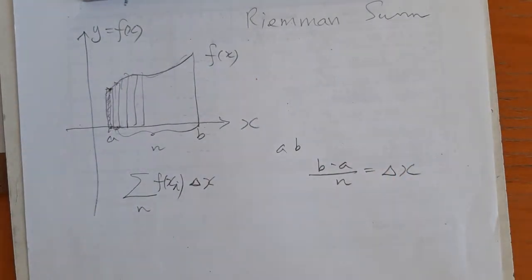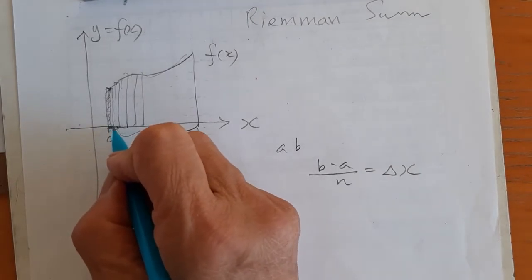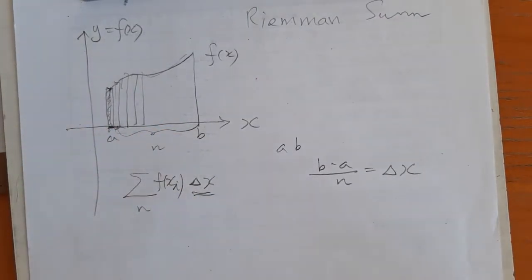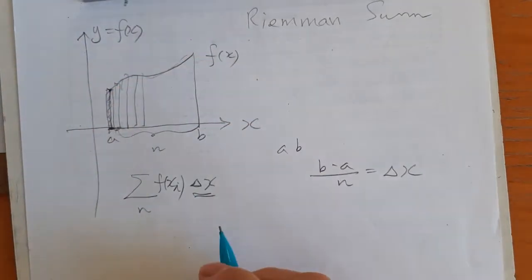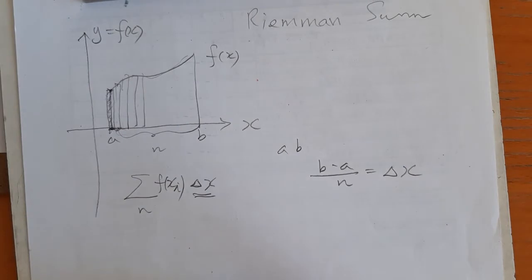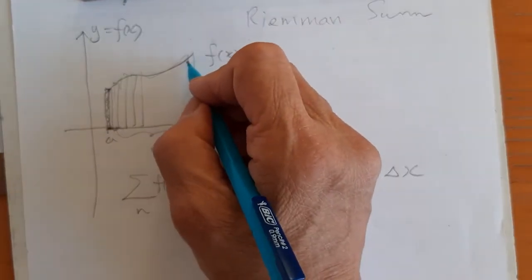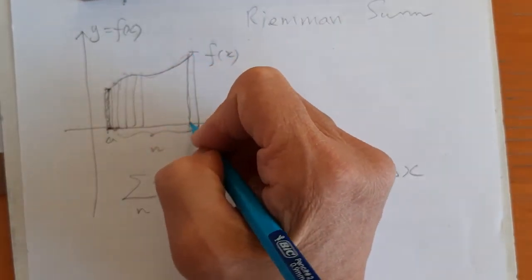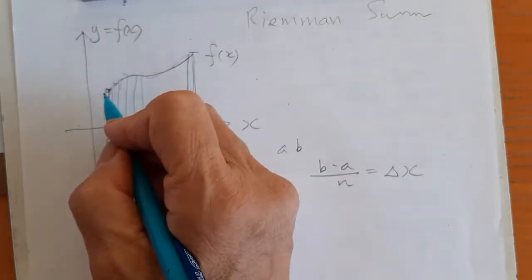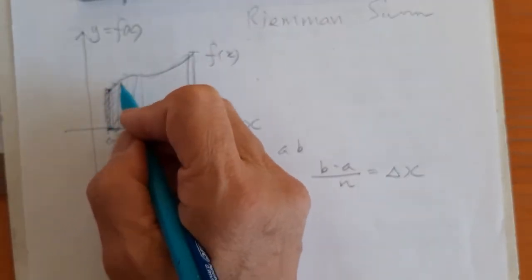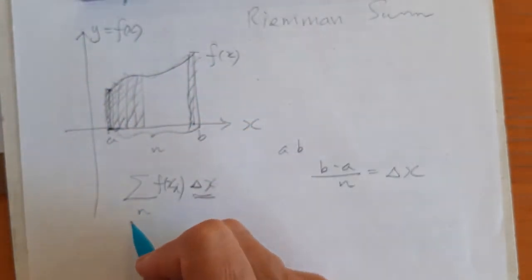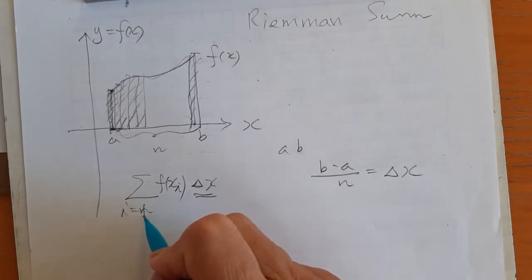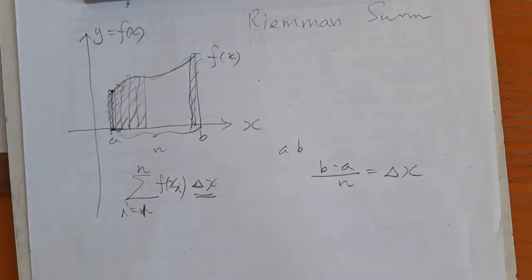Each interval, the length of the base is delta x, and the height is assumed like the first interval f of x_1, until f of x_n. Such areas you add together, n intervals add together, summation, i goes from 1 to n. That's the area under the curve.